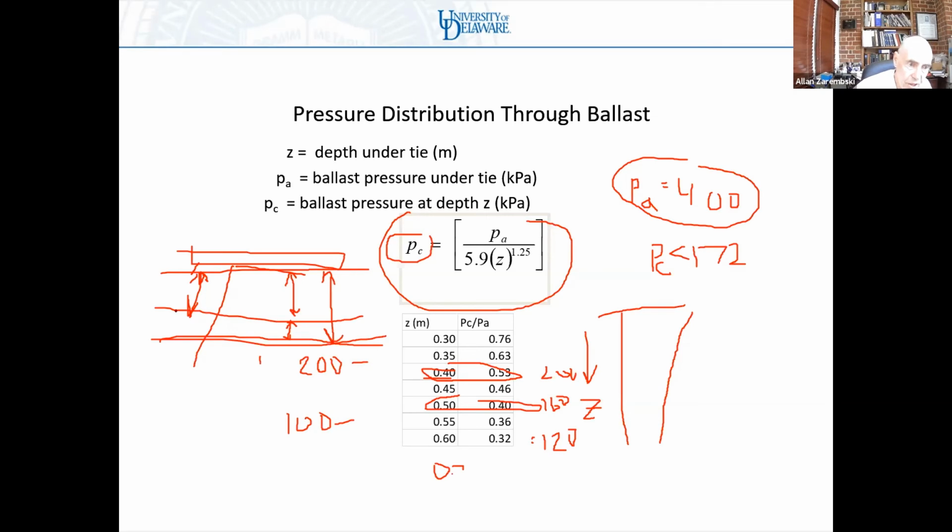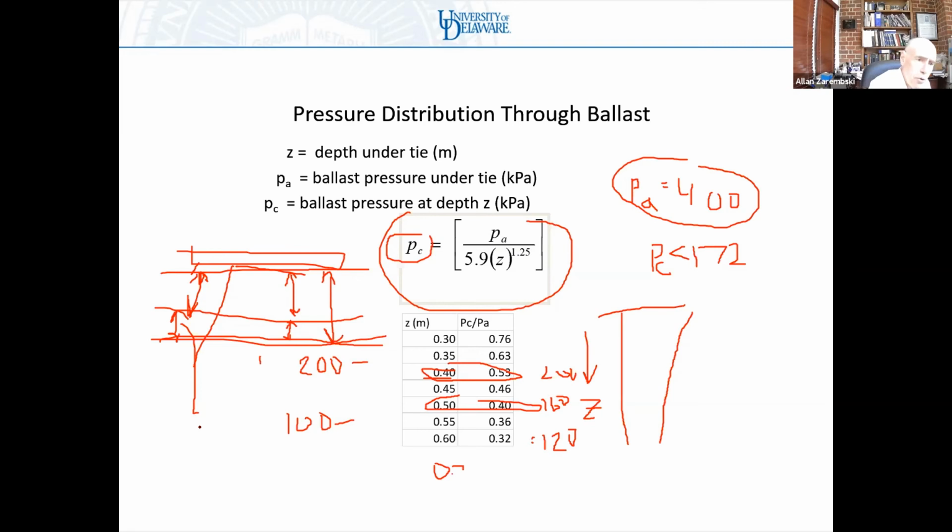Between the ballast and the subgrade, because the subgrade is the soil, you can have a second layer, which is a subballast layer, a less expensive, lower quality, but still strong granular material.